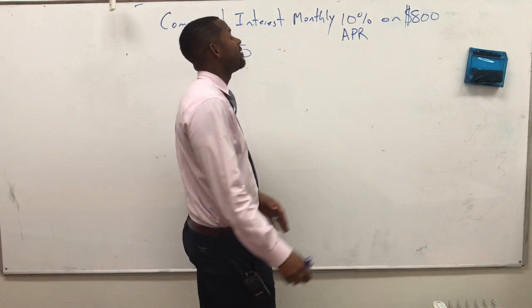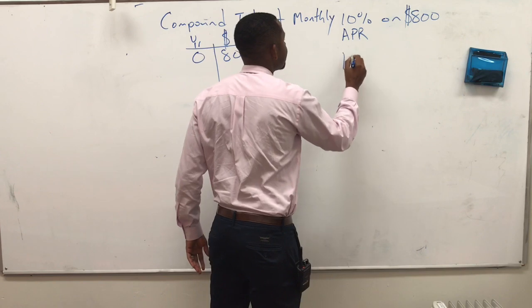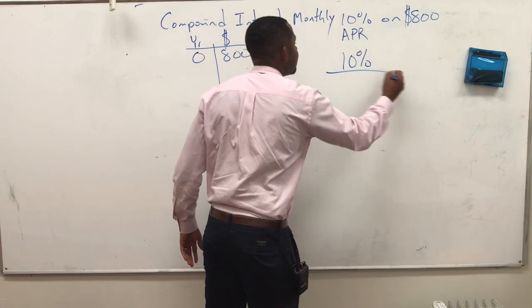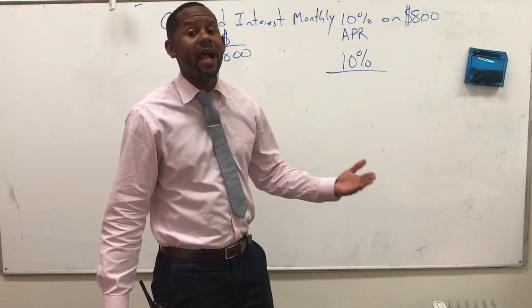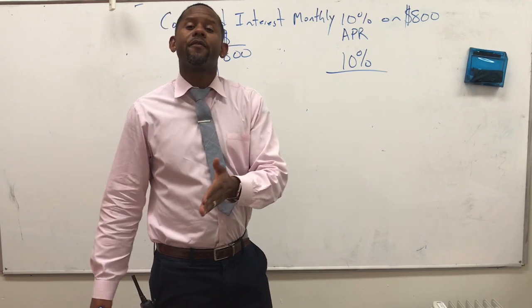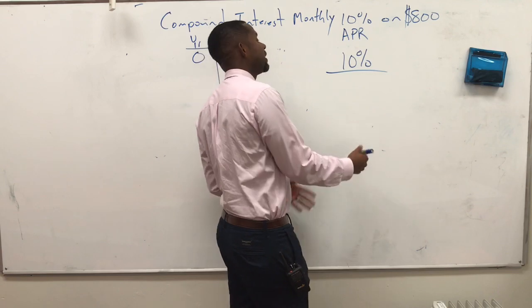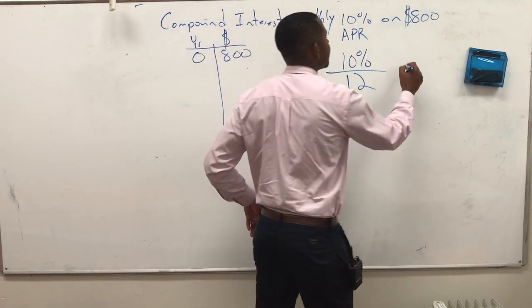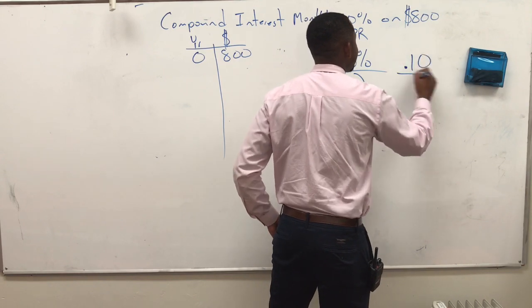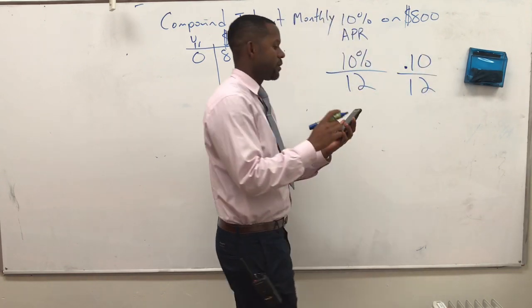To figure this out, I have to take my 10% over the year and break it down into how many times that's going to happen each month. There are 12 months in a year, so I have to divide it by 12. I'm not going to use 10% though, I'm going to use 10% as a decimal.